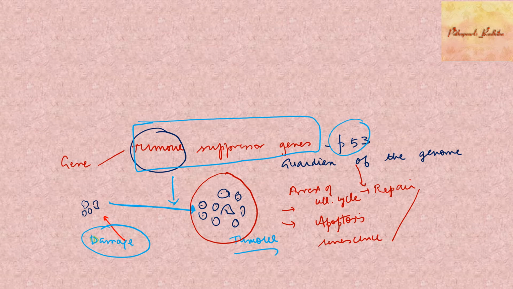Just for you to understand how it is a tumor suppressor gene, I've given an example of damage to a cell. It's going to arrest the cell cycle and repair it, or it's going to cause the death of the cell which has incurred the DNA damage, thereby preventing the abnormal proliferation of the cells.